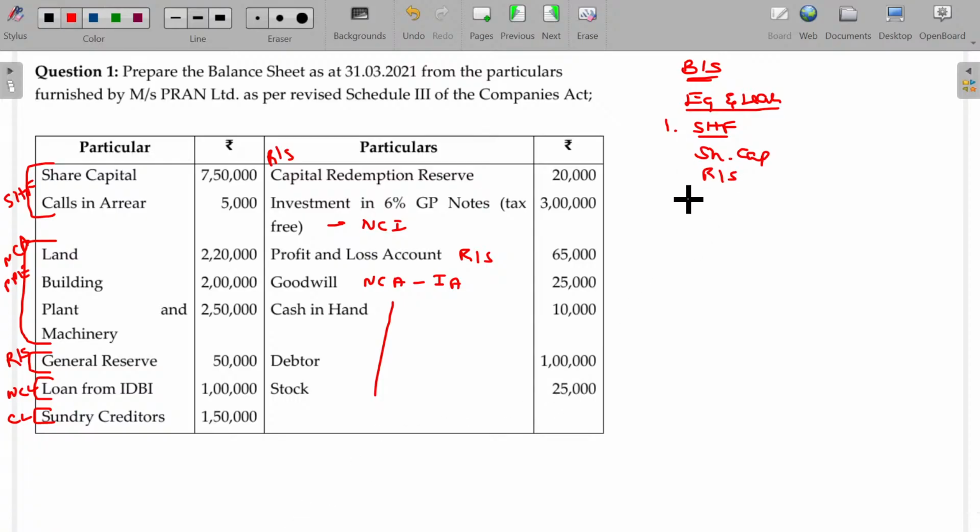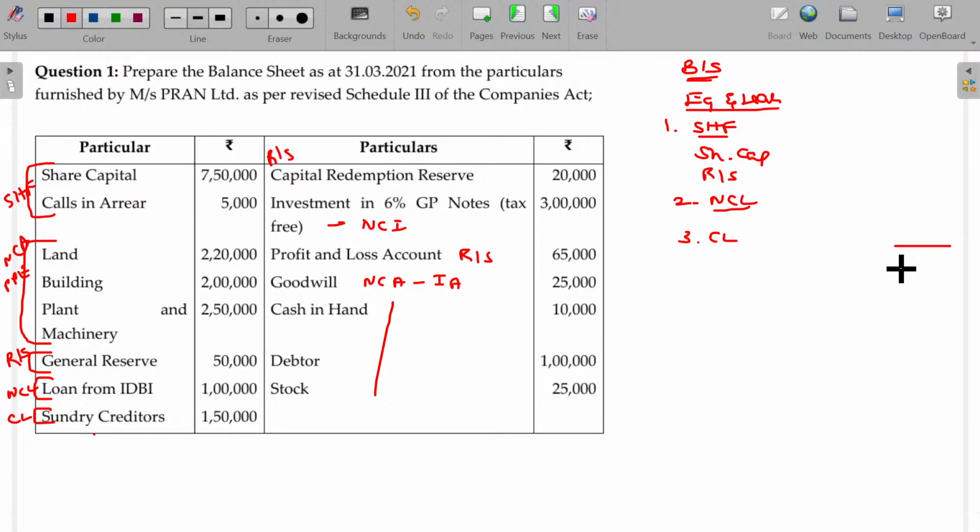Then the second one being non-current liabilities. Under non-current liabilities, we have only one item, loan from IDBI. Third being current liabilities. Under current liabilities, we have sundry creditors only.